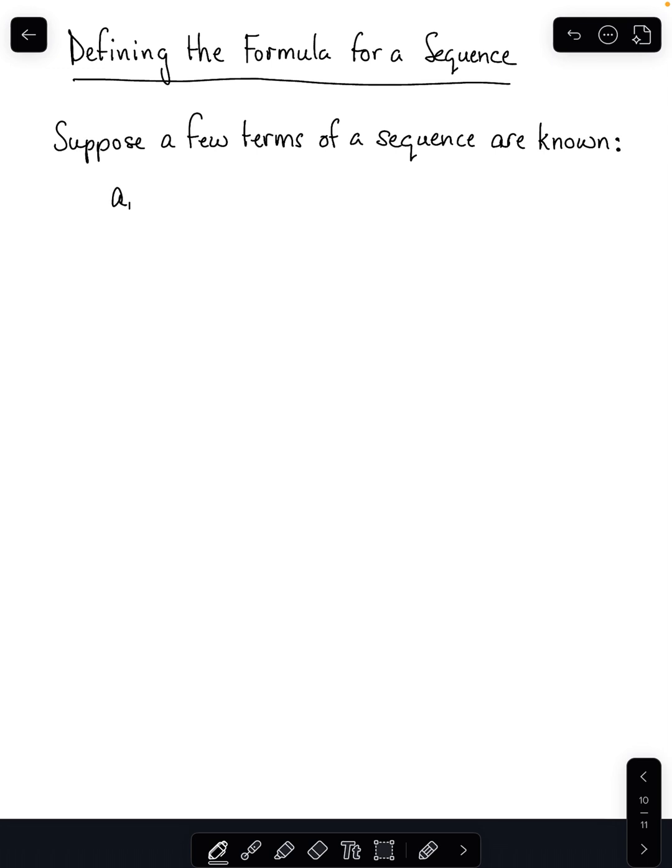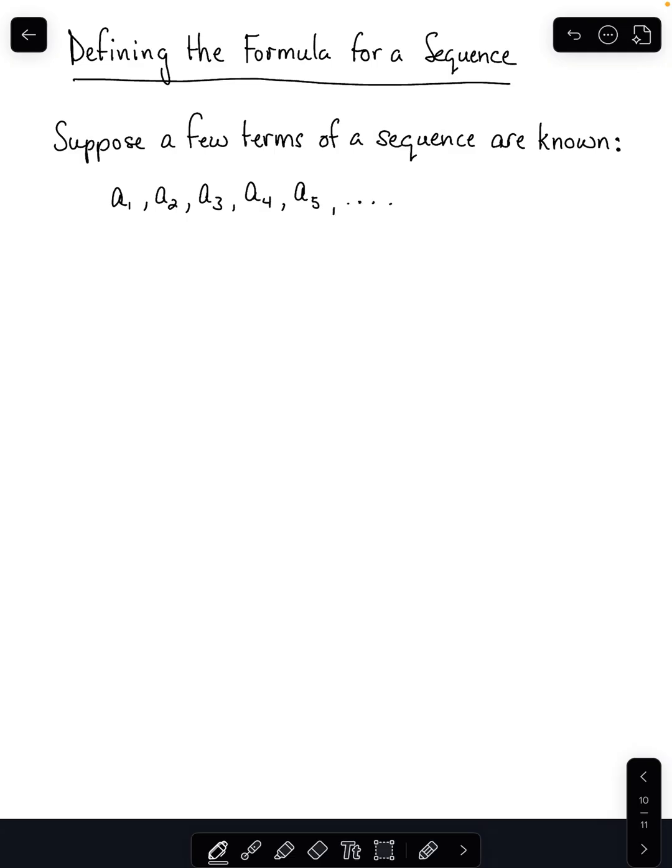So suppose we know a sub 1, a sub 2, a sub 3. Now, 3 is the absolute bare minimum number of things required to establish a pattern. Typically, if we want to be extra sure, we go a little bit further than that.